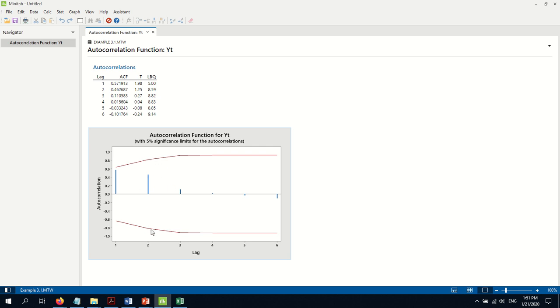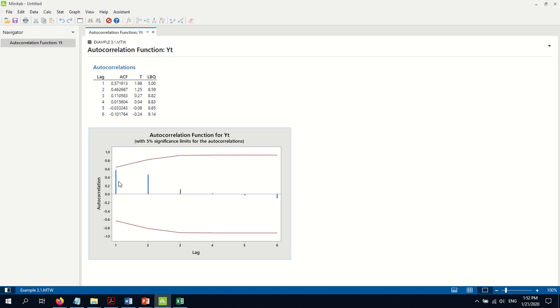This specifies the confidence interval estimates using confidence level 95%. So essentially, if we use alpha equals 0.05, then if the coefficients do not reach the two lines, we can say that the coefficient is insignificant compared with 0 at alpha equals 0.05.